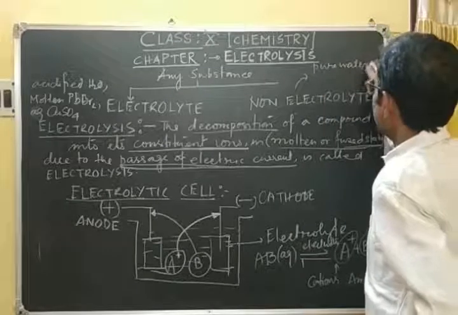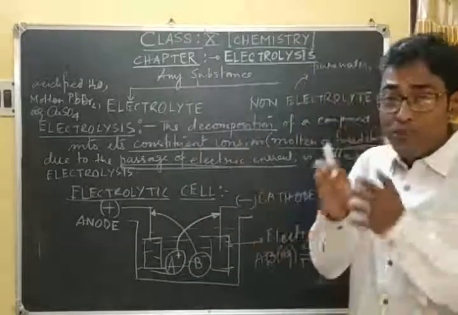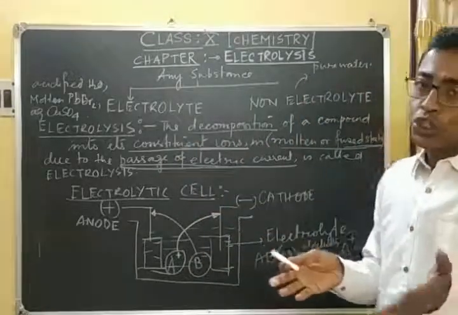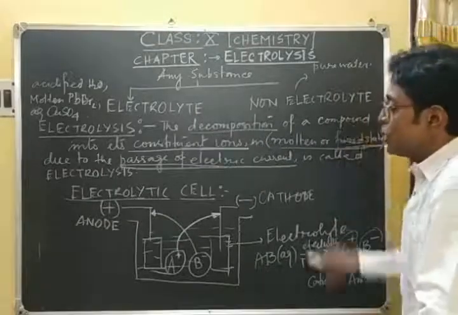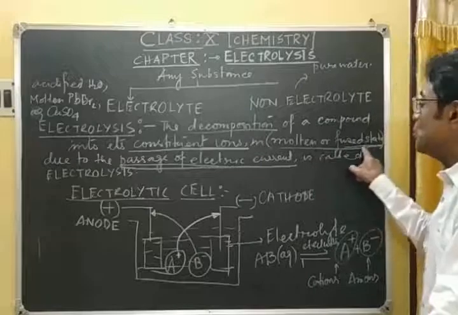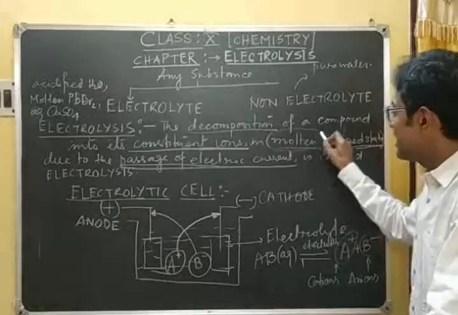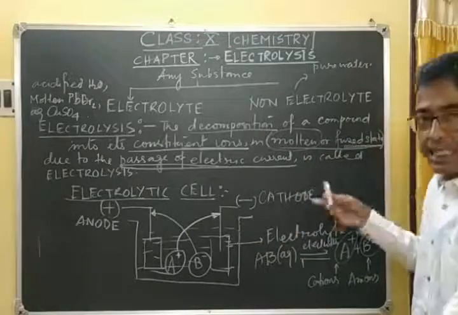Many examples are here. So remember, electrolysis is the decomposition, meaning dissociation, breaking into its constituent ions. The decomposition of a compound into its constituent ions in molten or fused state. Molten means by the application of heat when anything melts. Or fused state, same thing.